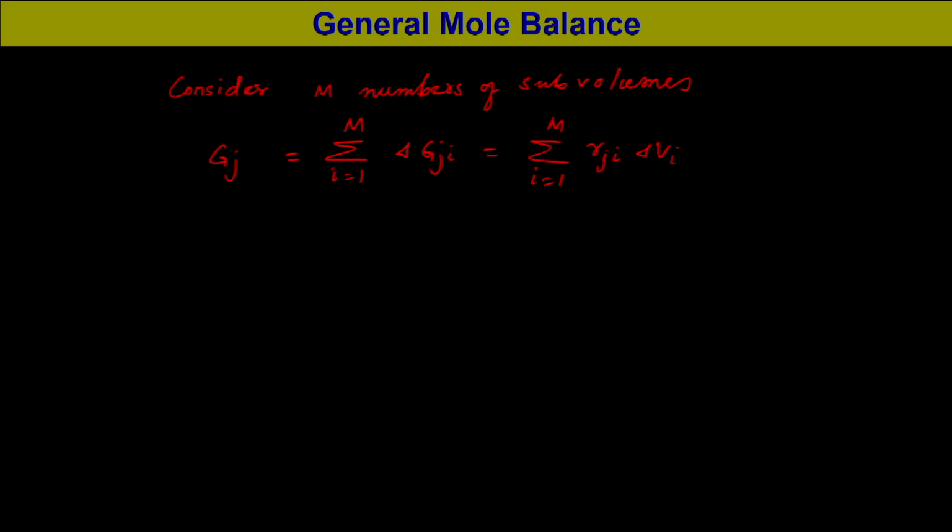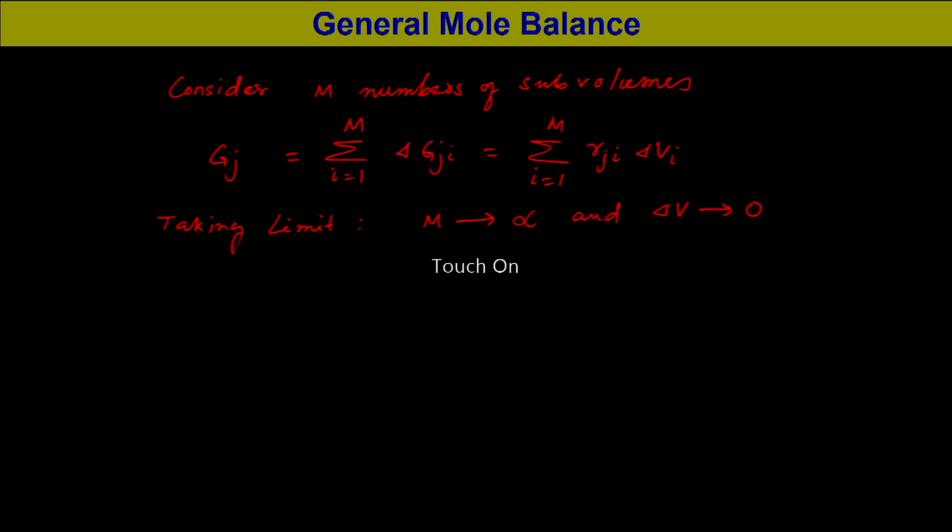So, taking the limit m tends to infinity and delta V tends to 0, very small volume.